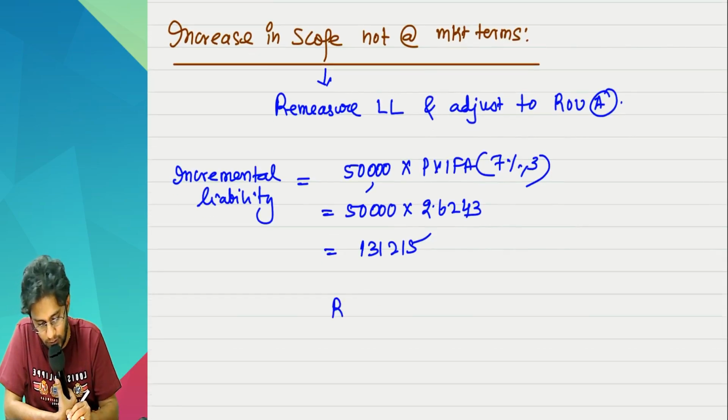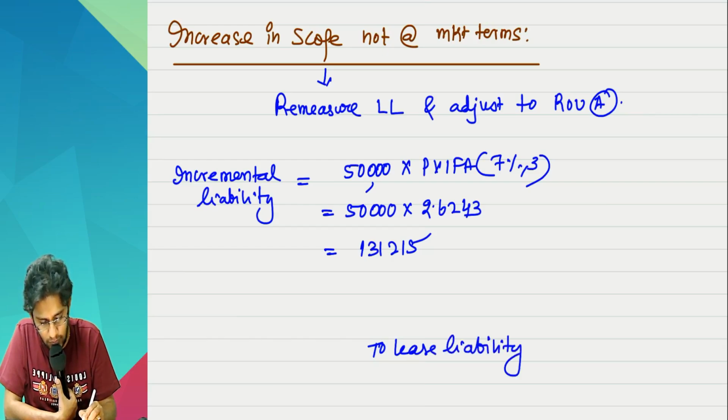With this the liability increases, no? So you have to credit the lease liability and you have to debit the ROU asset.